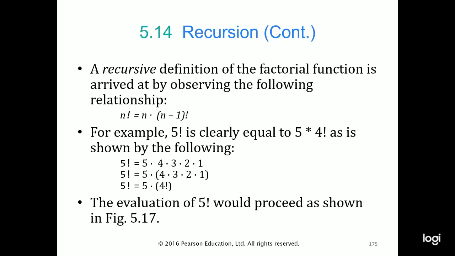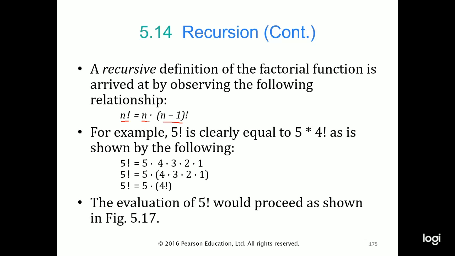Now this problem can also be solved in a recursive manner by just a simple insight. If you are looking at n factorial, the key thing is to notice that n factorial is basically equal to n times (n minus 1) factorial. So 5 factorial is equal to 5 times 4 factorial, and 4 factorial is equal to 4 times 3 factorial.